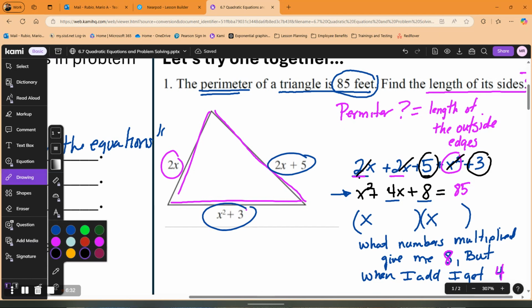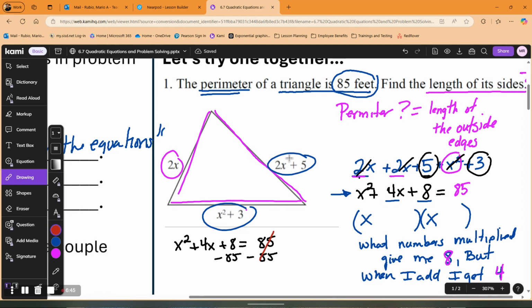So I'm just going to rewrite this as x squared plus 4x plus 8 equals 85. I'm going to subtract 85 from both sides. So those cancel. X squared plus 4x. And that's going to be 70.